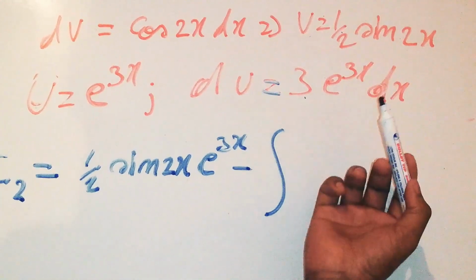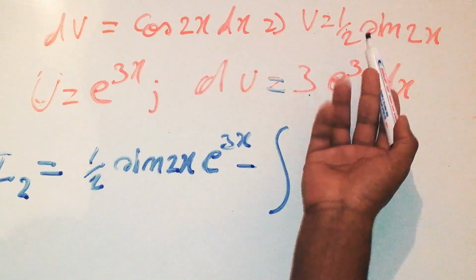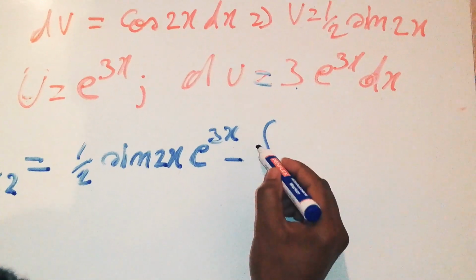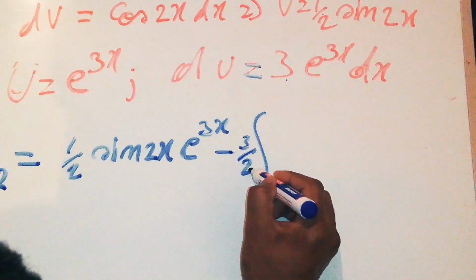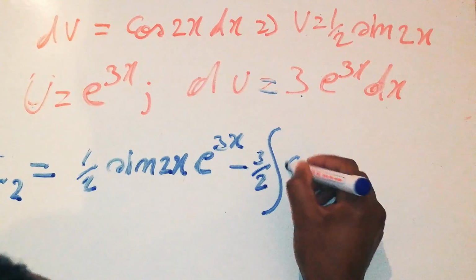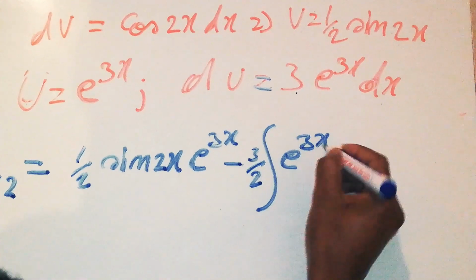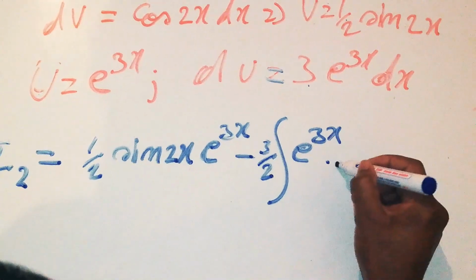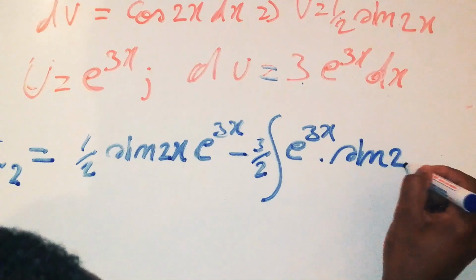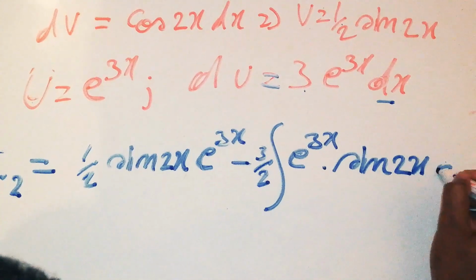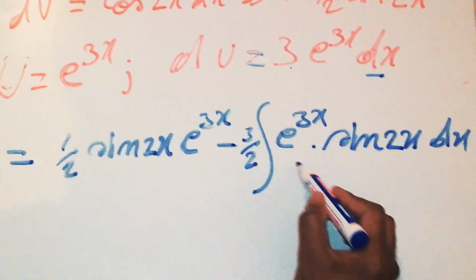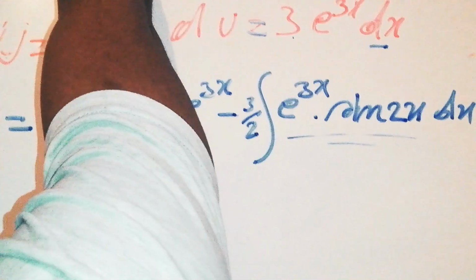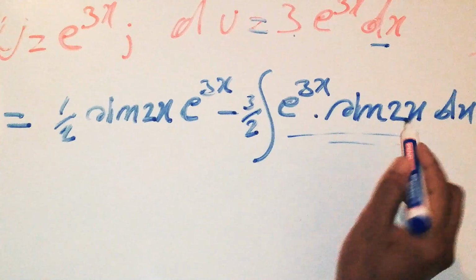These are constant factors, I'm gonna take them out of the sign. So I'm gonna have 3 over 2, the integral of e exponent 3x times sine of 2x dx. Remember, this is the primary integral that we had previously.